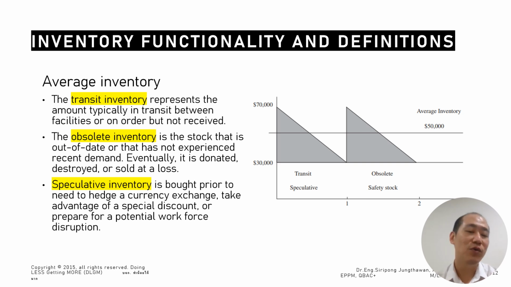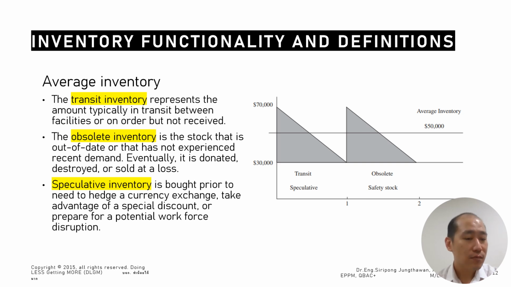And obsolete inventory is the stock that is out of date or expired because you have had no recent demand. Actually it is donated or destroyed, also at a loss. So obsolete inventory is found in the food and medicine industries, where items expire before you can use them. So you have to lose it, or donate it, or sometimes destroy it.